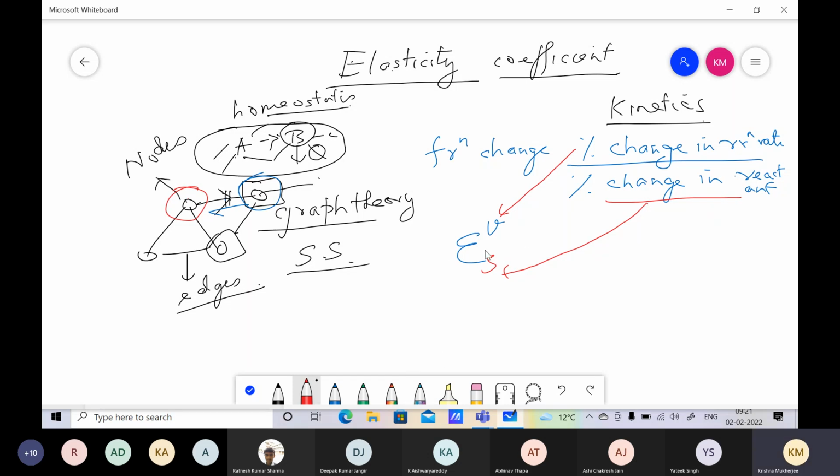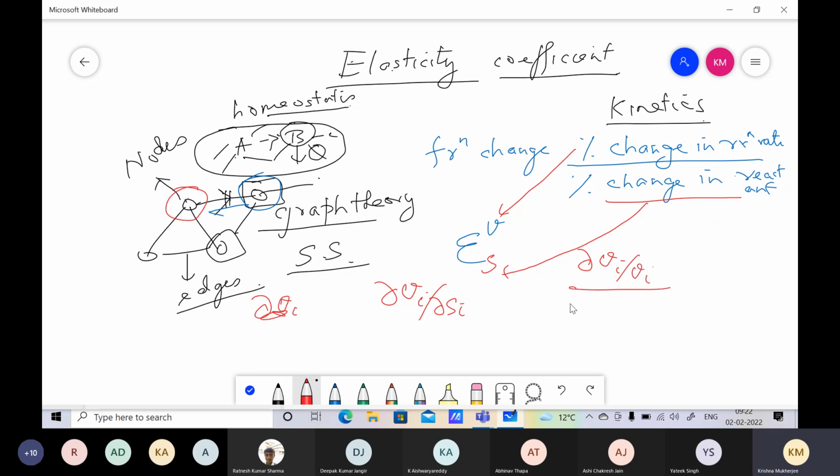We are saying the percentage change in the rate of reaction will simply be given by dVi by dSi, isn't it? But this is not percentage change. This is the amount of change. Now the percentage change is actually dVi by Vi.